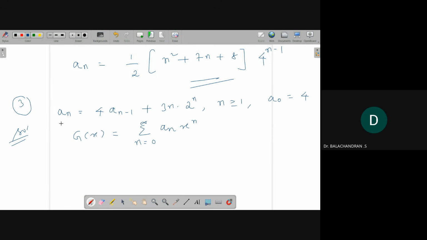Now I'll write it by taking the summation of a_n throughout, multiplied by x power n, with n equal to 1 to infinity, minus 4 times summation n equal to 1 to infinity a_n minus 1 into x power n, minus 3 into summation n equal to 1 to infinity n into 2 power n equal to 0.